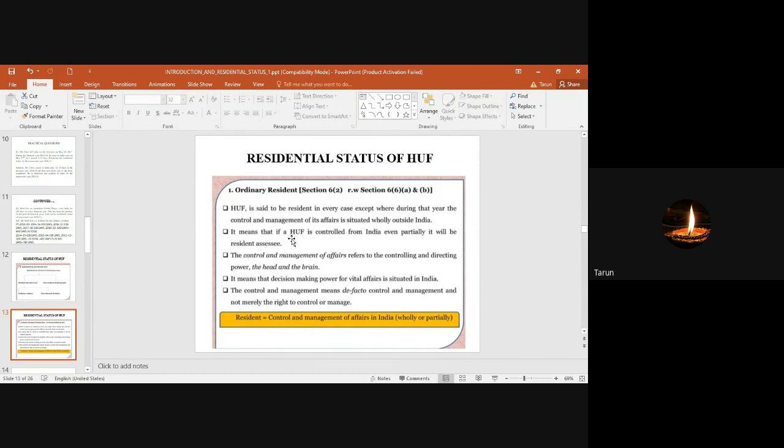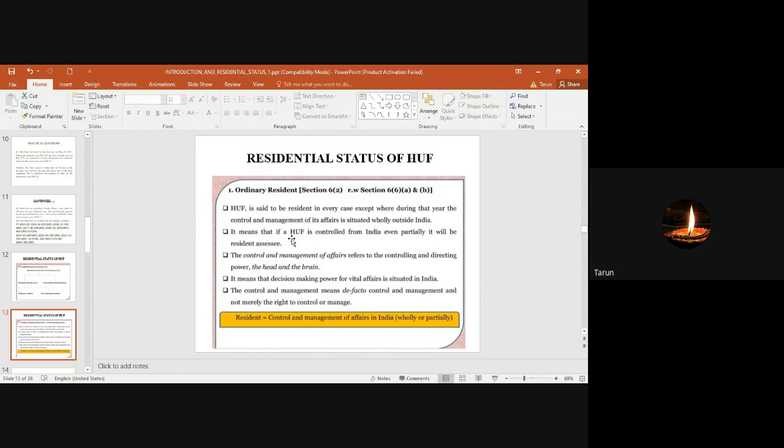If the business of the Hindu undivided family is situated in India, partially or wholly, it becomes a resident of India. So now read the concepts. It means that if a Hindu undivided family is controlled from India, even partially, it will be a resident as well.